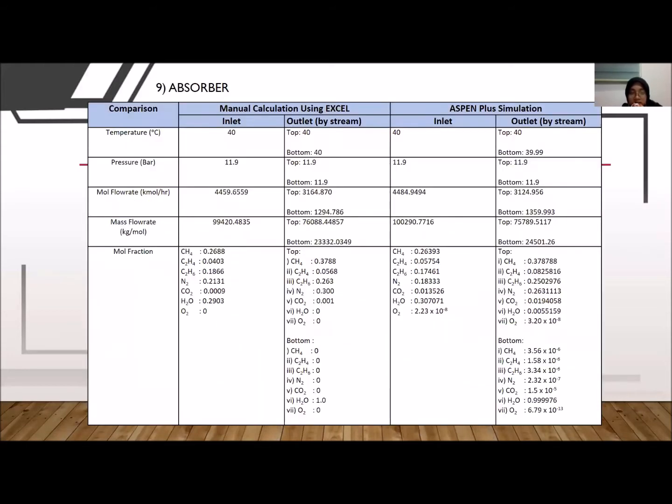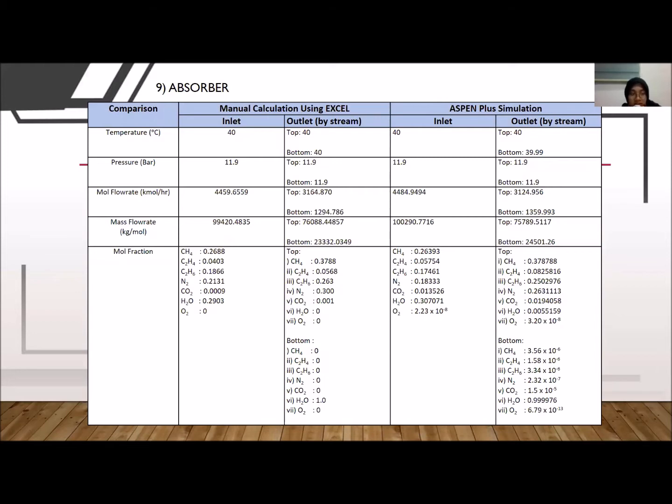So next is the absorber. The function of this absorber is to remove the water from the stream. For the manual calculation, we assume that water was fully removed from the raw material stream.